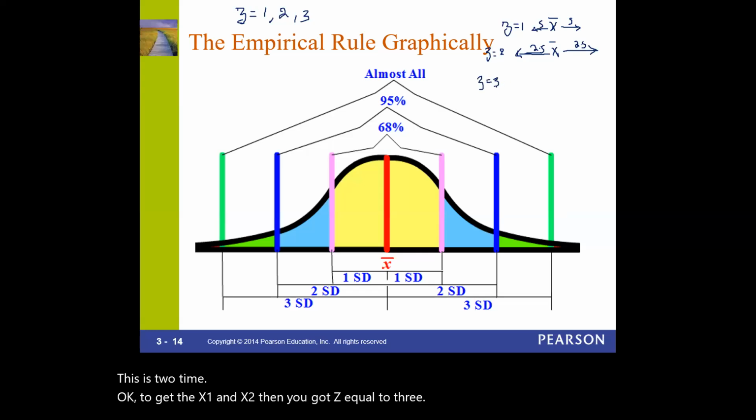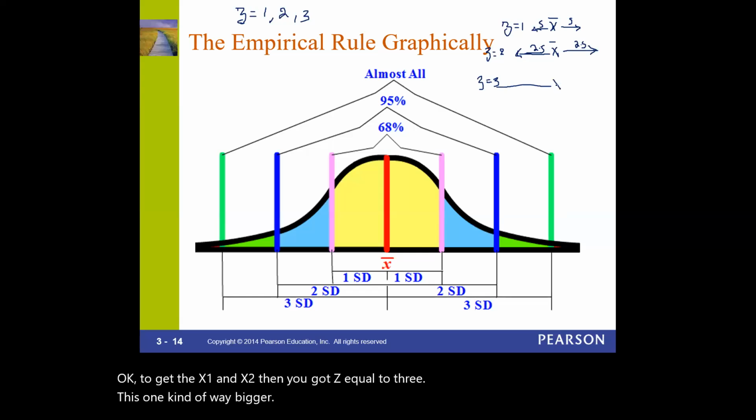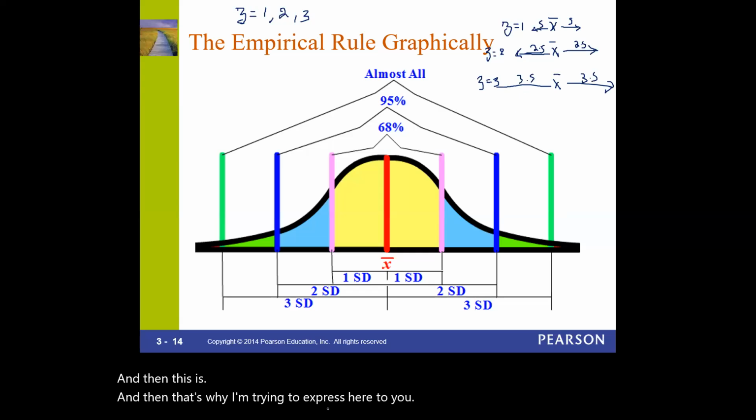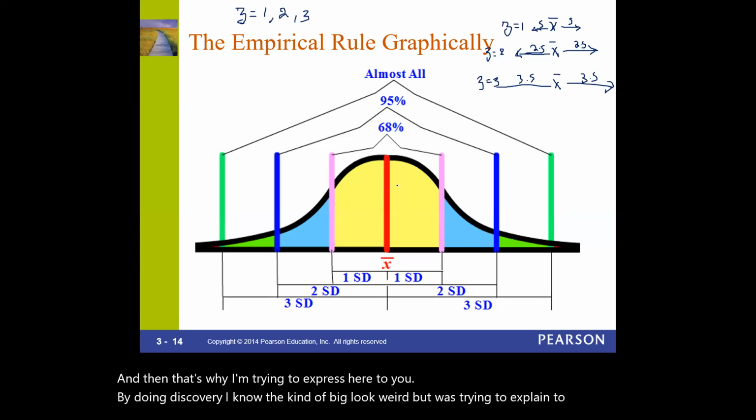This one is kind of way bigger. This is X bar, and then this is 3S. That's what I'm trying to express to you by doing it this way. I know it can look weird, but this is what it means.